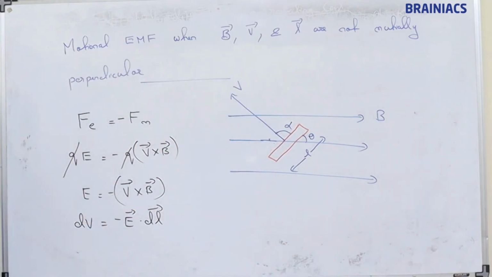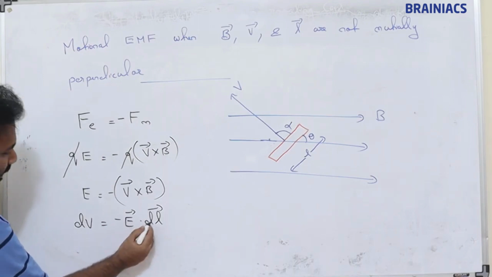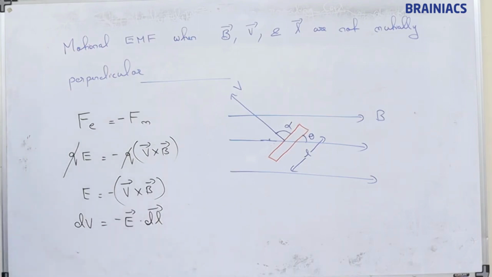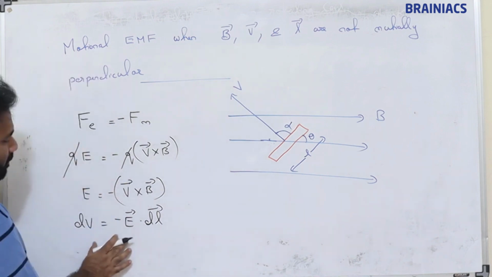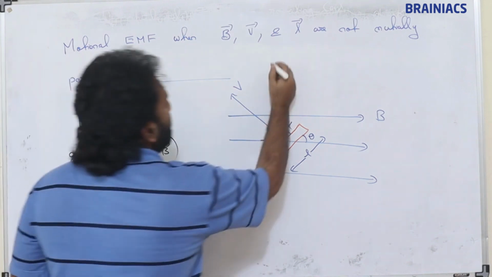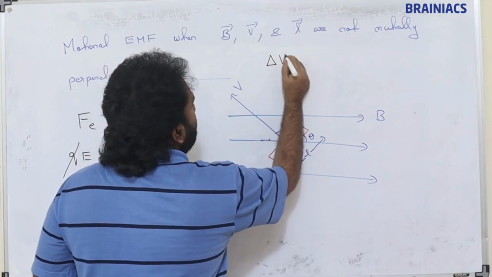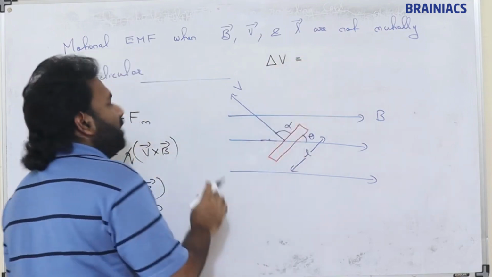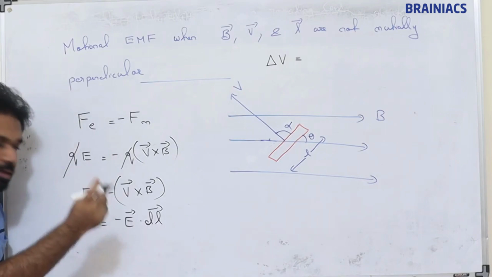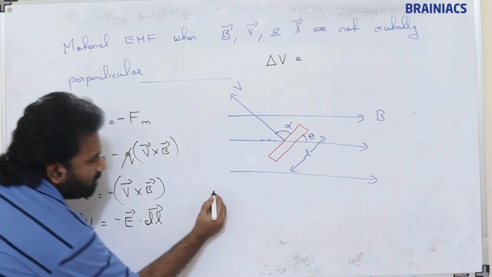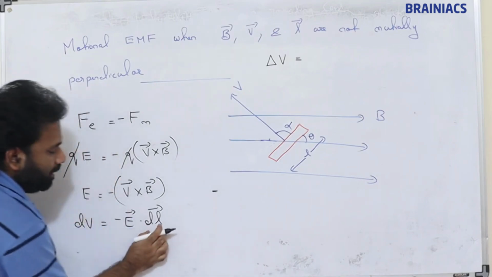Clear? So this dV, we can have E dot dx also. So the potential difference is equal to minus of E dot dl. Already we have seen. This is for a small difference, the potential difference between a small distance dl.